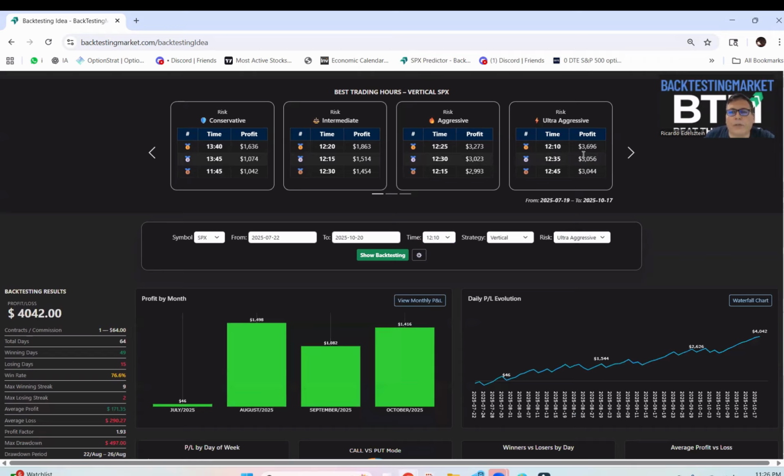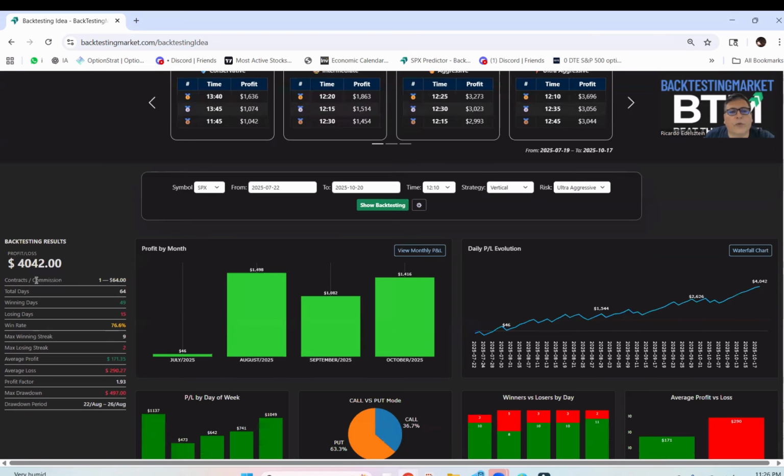Until last Friday it was $3,696, but because today was a winner, it's $4,042. If you check here, every time you have a drawdown, it's not that high because the credit that you receive is higher. We can do an example putting conservative.